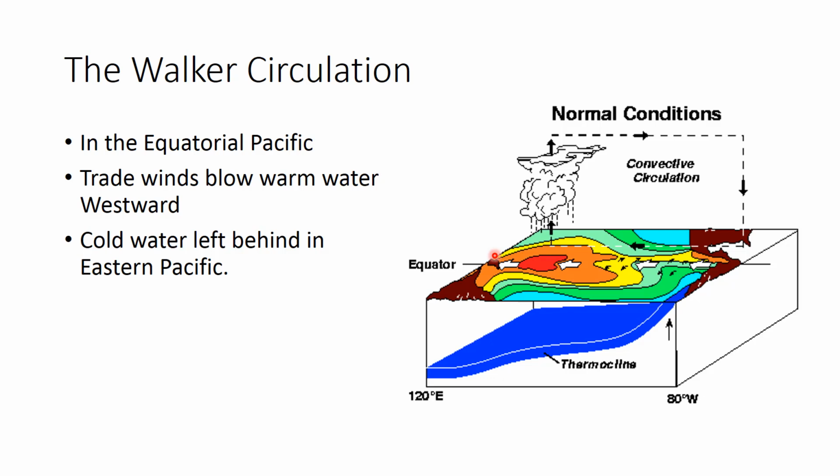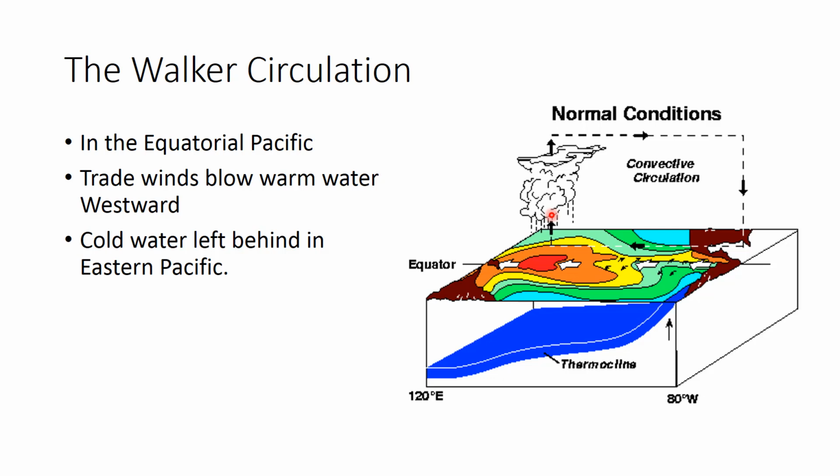So typically what happens is the trade winds blow from east to west. All of that warm water gathers up in the western half of the Pacific, and that creates warm rising air and very stormy weather. Now, on the other hand, in the eastern Pacific, all the warm water has been pushed away.